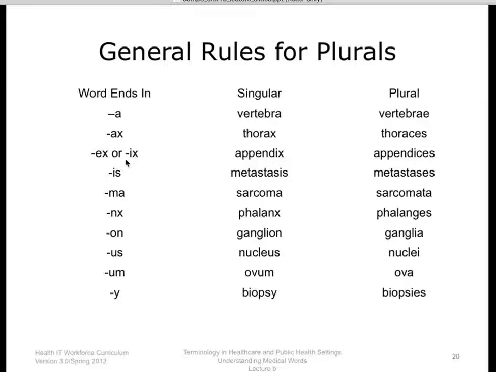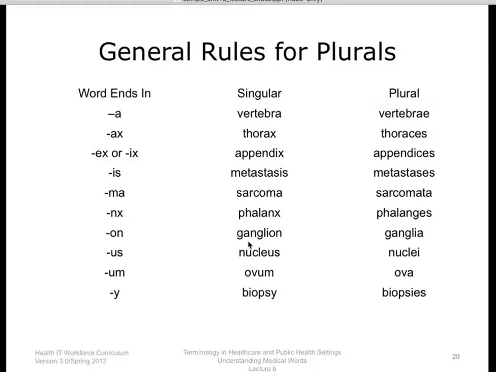IS converts to ES. So metastasis becomes metastases. MA, as in sarcoma, becomes MATA, sarcomata. NX, as in phalanx, becomes GES. You replace the X with GES, phalanges.